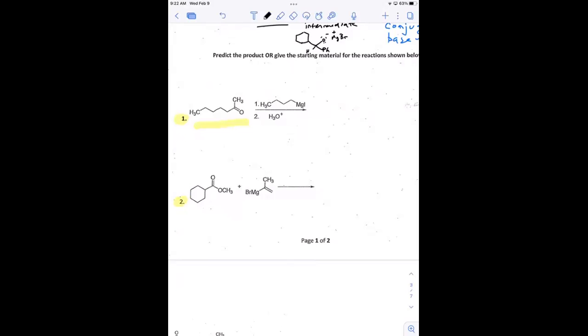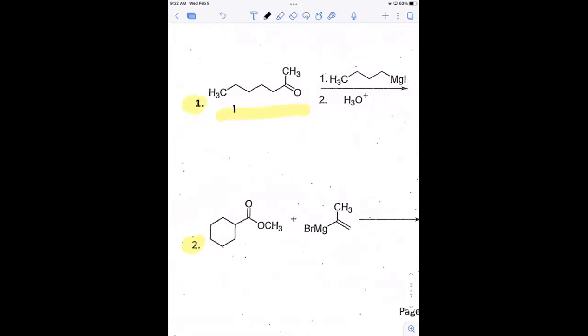What functional group is that? Ketone. Thank you. It's a ketone. All right.